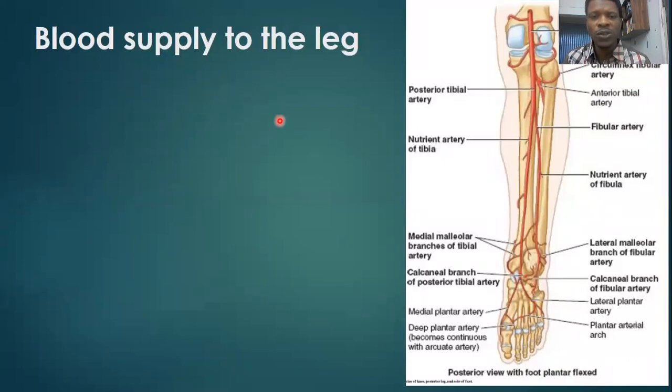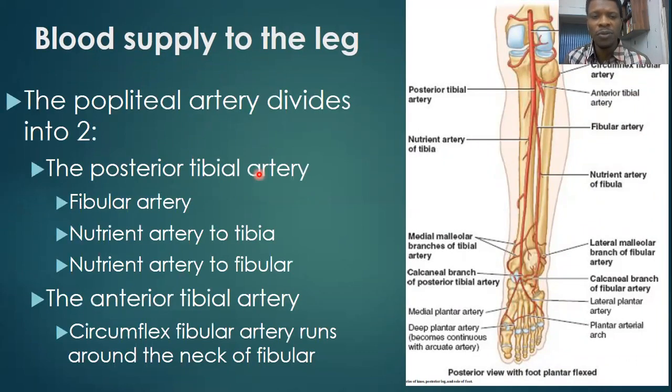The blood supply to the leg is from the popliteal artery, which divides into the posterior tibial artery and the anterior tibial artery. The posterior tibial artery is like a direct continuation of the popliteal artery. All right.